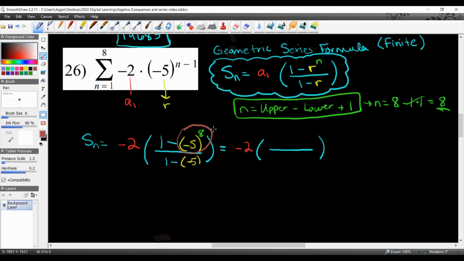So -5 to the 8th power is the same as -5 times -5 times -5, 8 times, which is not too big of a number, but it's pretty big, okay? So this one comes out to 390,625.